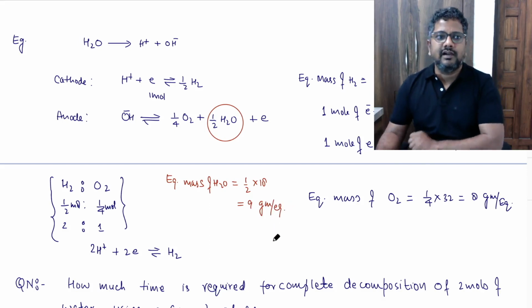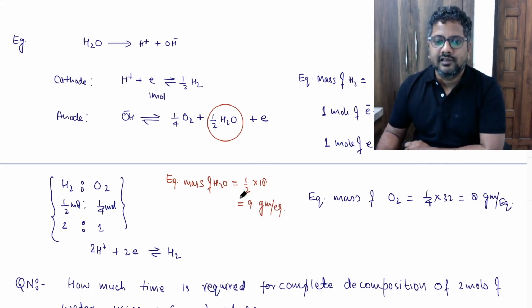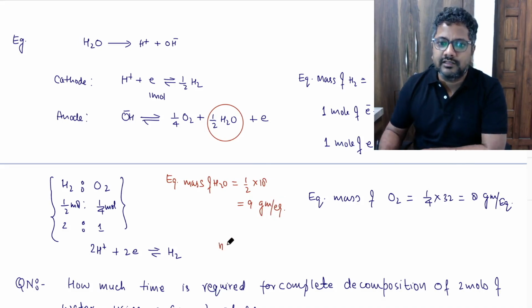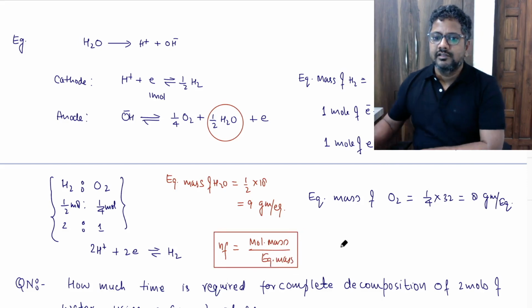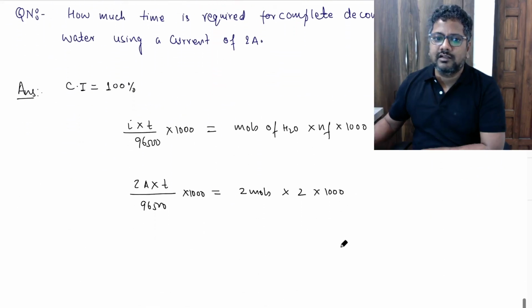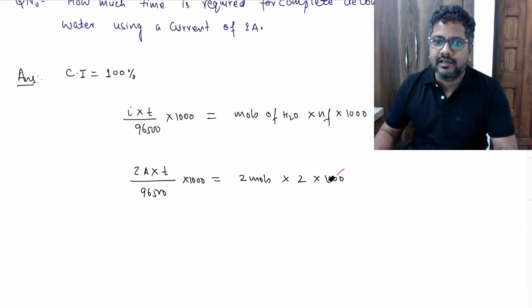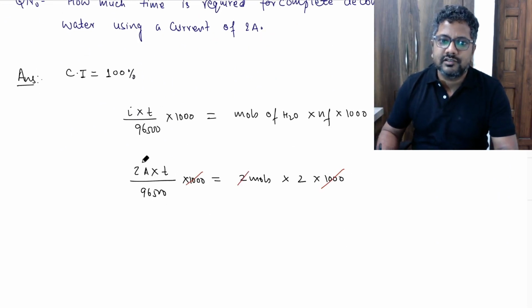So the equivalent mass of water is 9 grams per equivalent, and all of you know that n factor is equal to molar mass by equivalent mass, right? So n factor is 2 for water. Now you can simply solve this equation and get the answer.